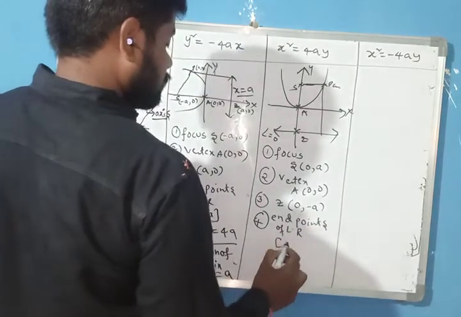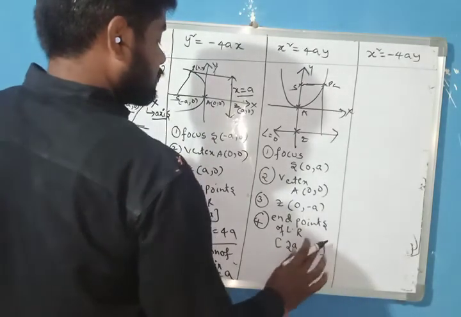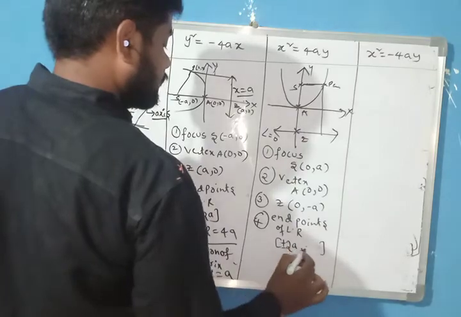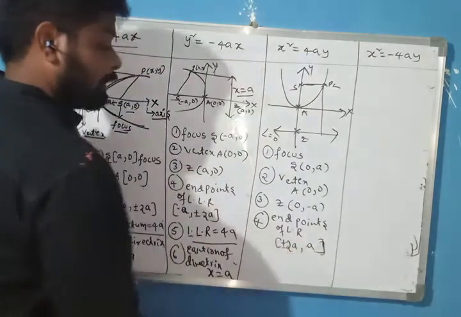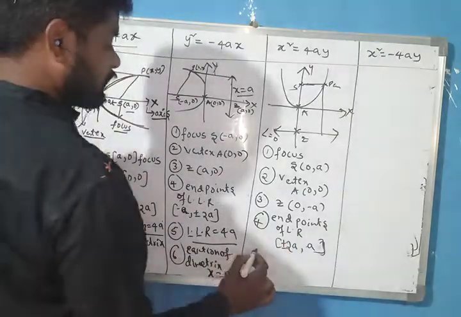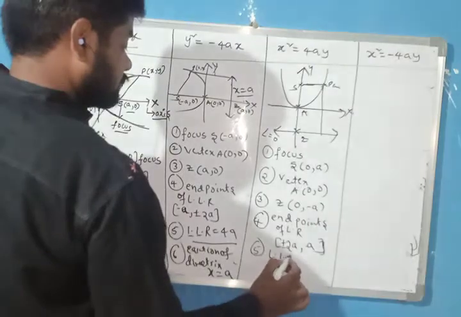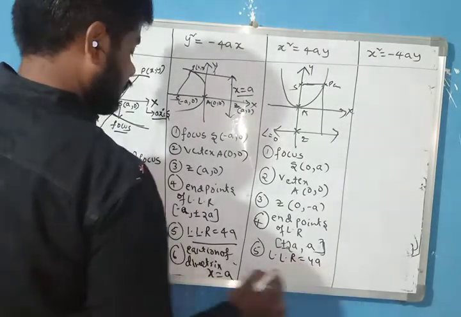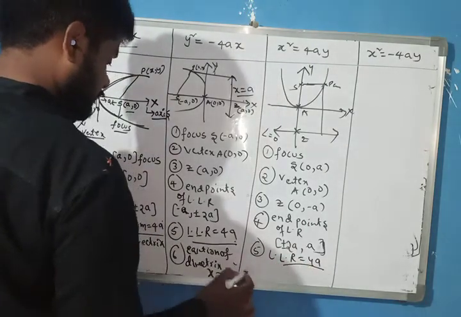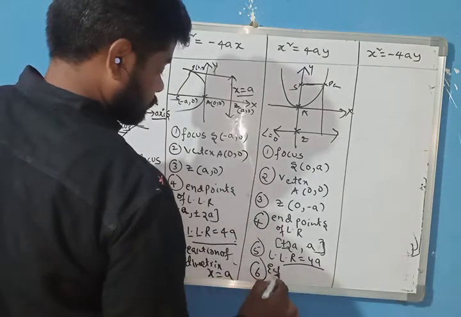Here also (plus or minus 2a, a). Here (a, plus or minus 2a). Here (plus or minus 2a, a). Fifth one, length of the latus rectum equals 4a. Same answer here.